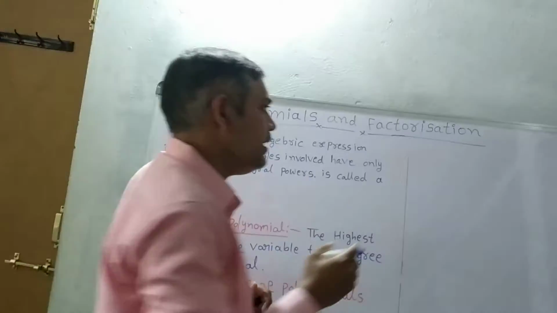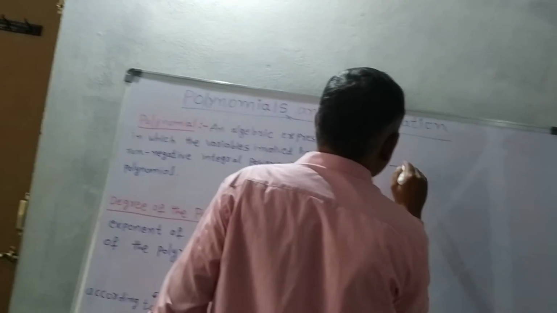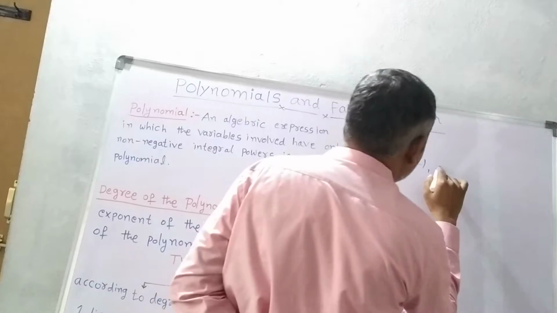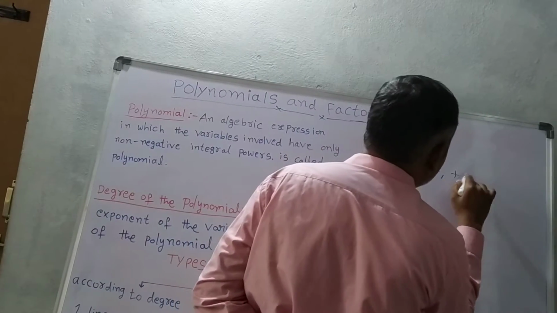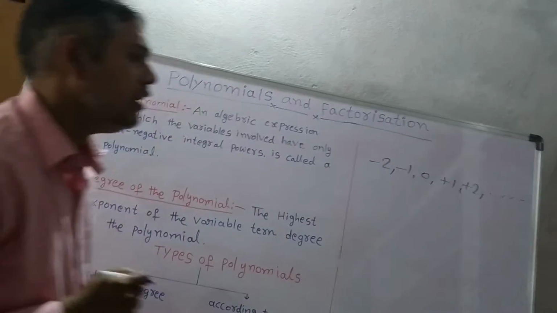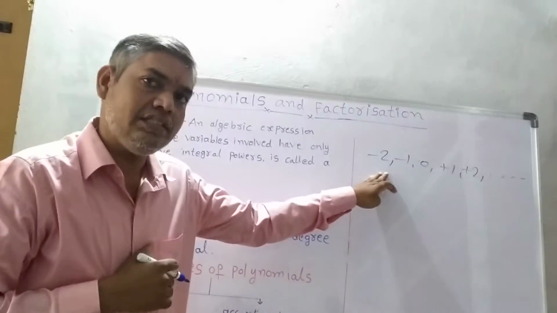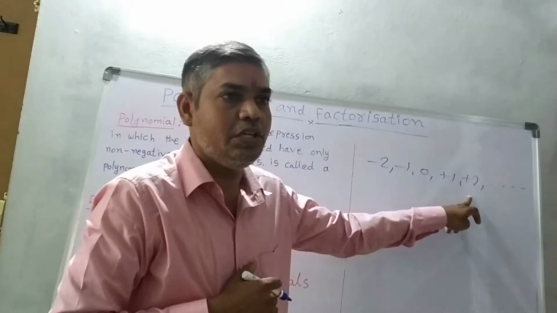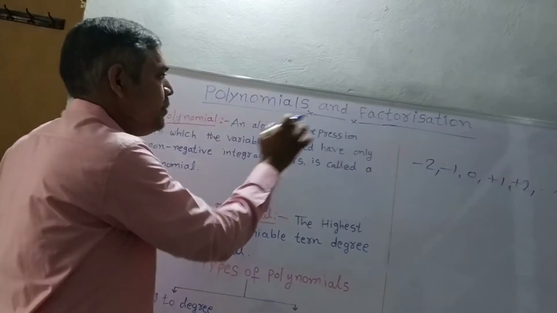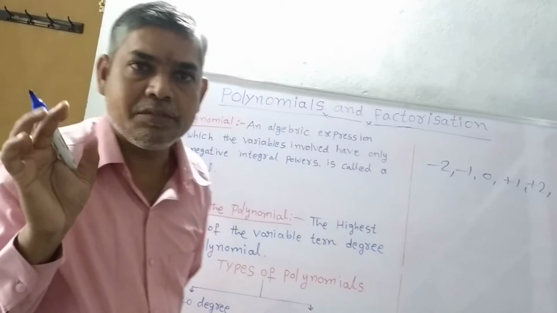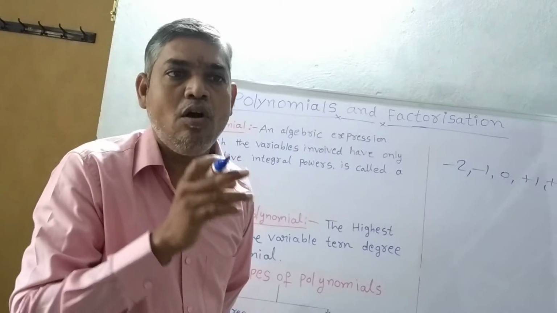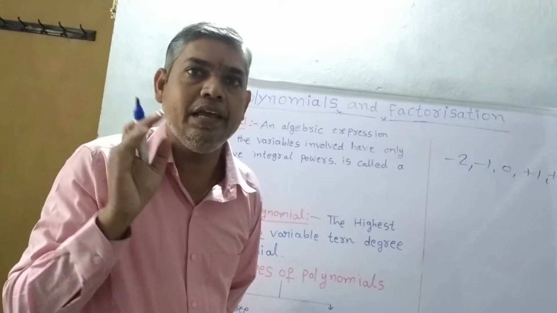Integers mean negative numbers like -2, -1, and 0, and positive numbers like +1, +2 and so on. Negative numbers, 0 and positive numbers are called integers.